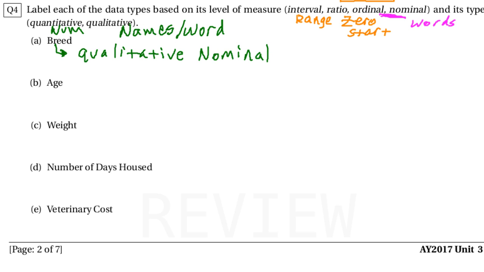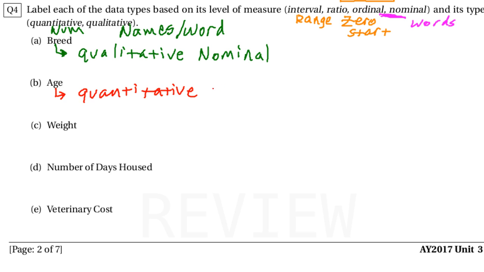If we take a look at age, well, age definitely is going to be quantitative because it uses numbers, but the question is, does it have a range or does it have a zero starting point? Well, I can say that it has a zero starting point.